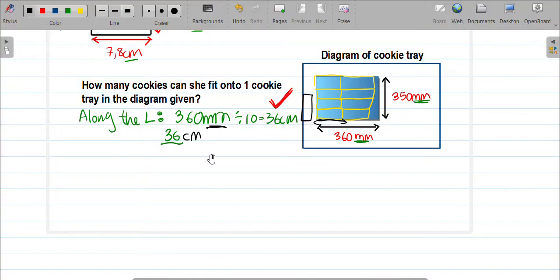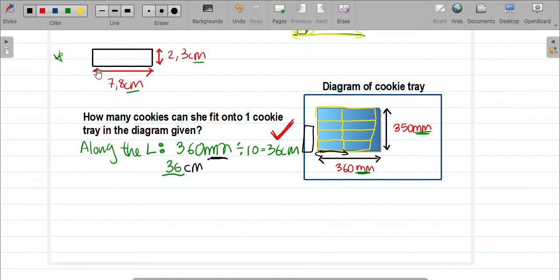Now, which dimension did we say we're going to use? The dimension of the length, because it is the length that is going along the length of the tray. So let's do that. It's 36 divided by 7,8 centimeters, and that is going to give us an answer. We'll definitely get a decimal. That will give us 4,615 and so on. And then what did I say in the previous video?